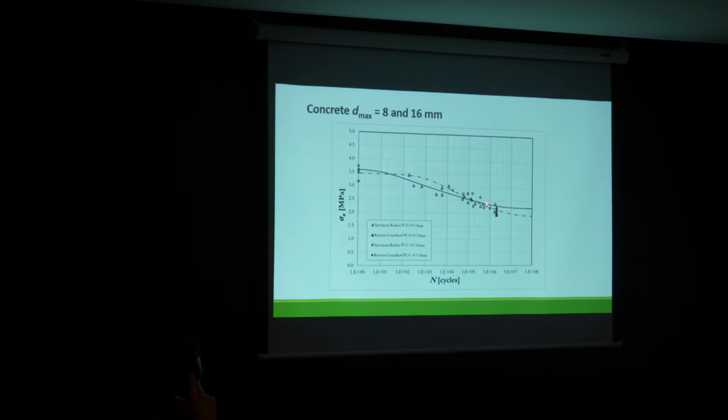We could see that with 8 millimeters the properties are better in this part, but if we move to the resistance, you can see that this curve is better in this part, and you can see here that the triangle marks are in the upper part than the rectangular marks.